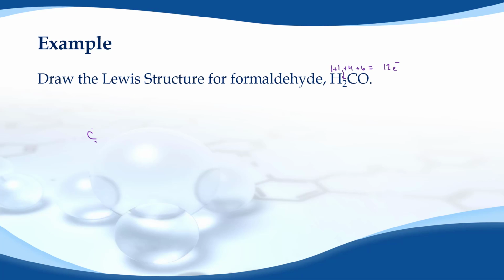So I'm going to put carbon in the middle, and then I'm going to put oxygen on one side, hydrogen on other sides. Top, bottom, left, and right, it doesn't matter. I'm just going to put oxygen on the top and hydrogens on the side, and I'll leave the bottom kind of empty. Doesn't matter where you put them, though, as long as each element has its own side to itself.